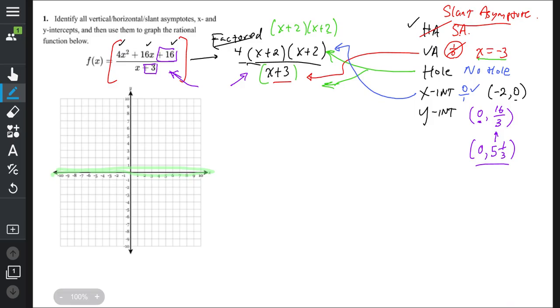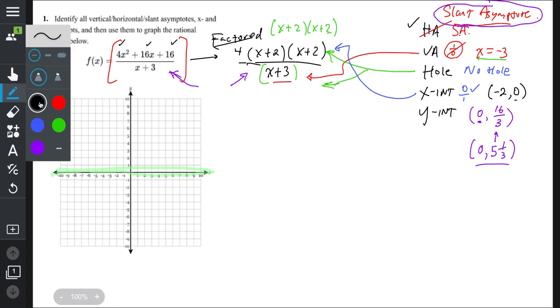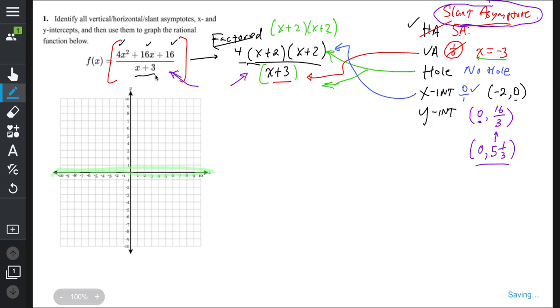Okay, the last thing we have to come back to is the slant asymptote. Slant asymptote is found just by doing the division that this fraction represents. Now, there are two ways to do it, at least two. One is synthetic, and synthetic division is allowable because you have a linear factor here, meaning just an x to the power of 1, and no coefficient here, or a coefficient of 1.